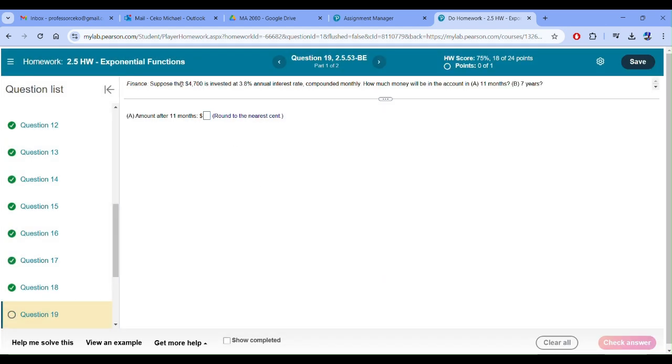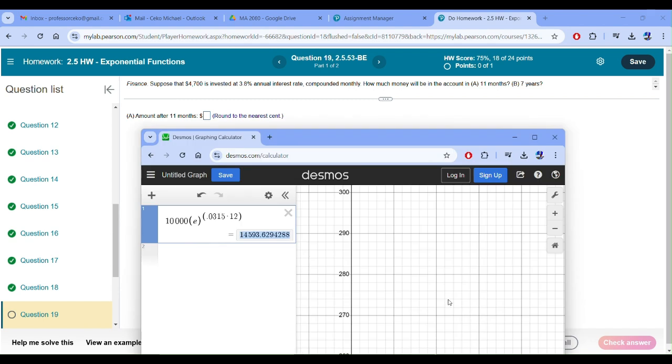So here, suppose that an amount is invested at that compound rate. Okay, so let's do this. Go back to Desmos. So here's my calculator. I'm investing 4,700 at 3.8%, so 0.038, and now it's compounded monthly.